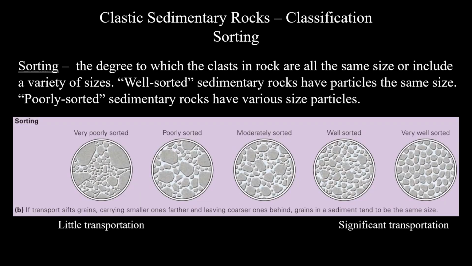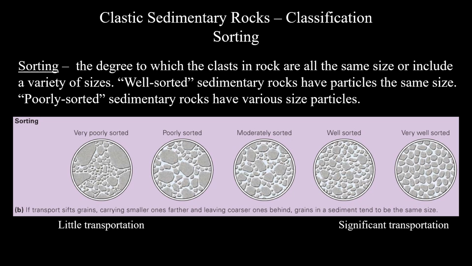Also, how well the material is sorted is very important. This also suggests something about how far things are transported. Because how big of a particle water can pick up is directly related to how much energy is in the system. As water starts to lose energy, it drops big things first, then it drops the medium things, then it drops the little things.